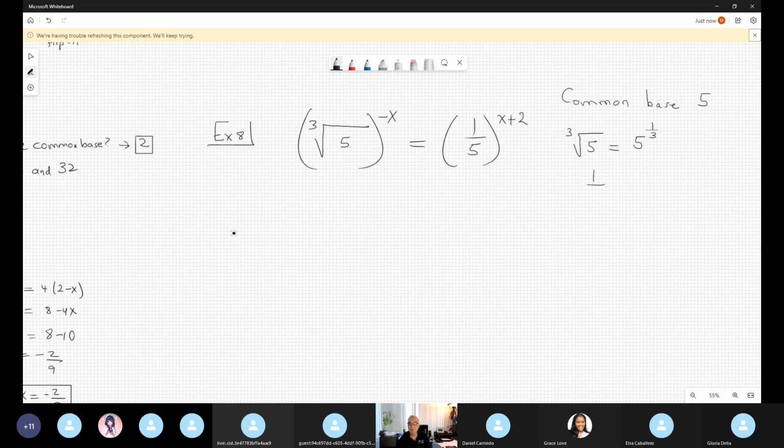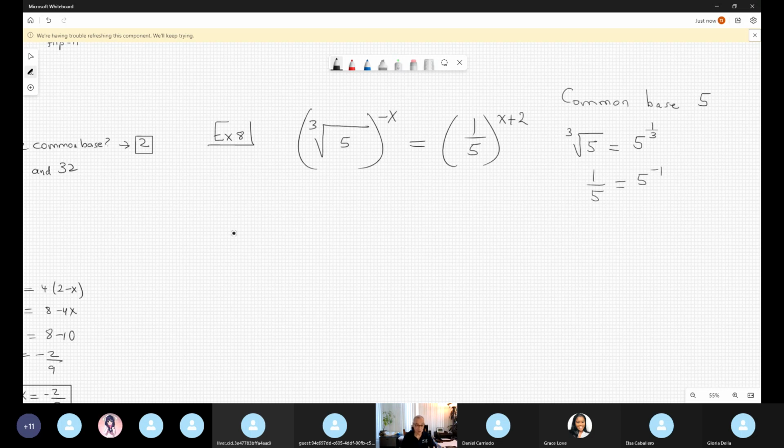And 1/5 is the reciprocal of 5, no? So 5, what exponent are you using to flip it? Negative 1/3? Or negative 1, negative 1 alone. Okay, negative 1. Cool.